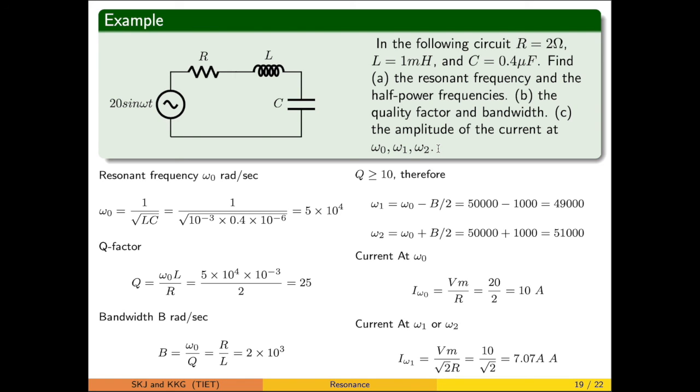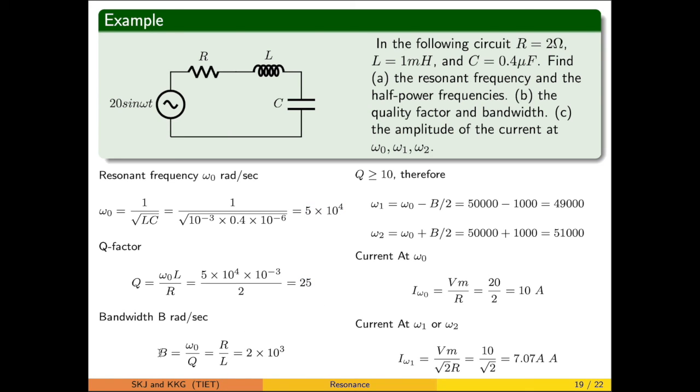So the resonant frequency is 1 upon root LC, which is calculated as 5 into 10 to the power 4 radian per second. For the quality factor, we can use omega 0 L upon R, or 1 upon omega 0 RC. This gives the same value, 25.